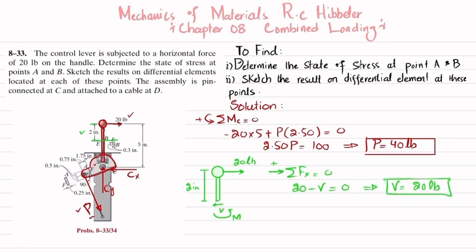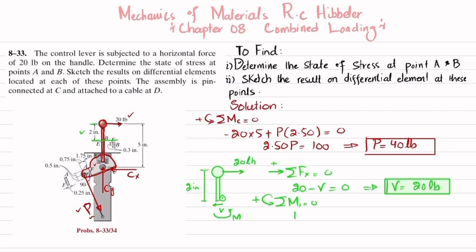What about moment? So for moment we will find sum of all moments about this point number 1, about point 1 is equal to 0, and taking the counterclockwise moment as positive. So one moment which is counterclockwise is M, and the second moment about this point 1 is 20 into 4, which is clockwise.